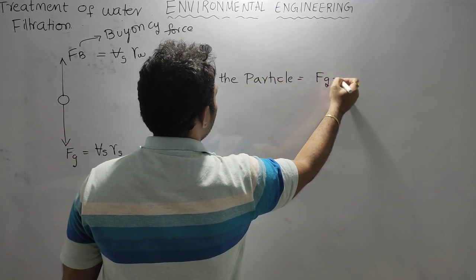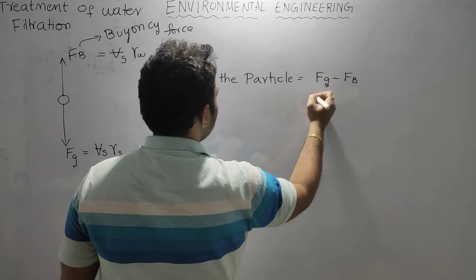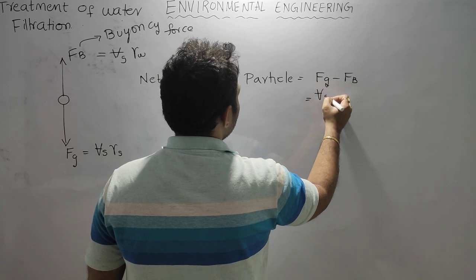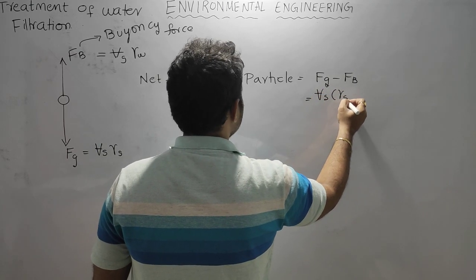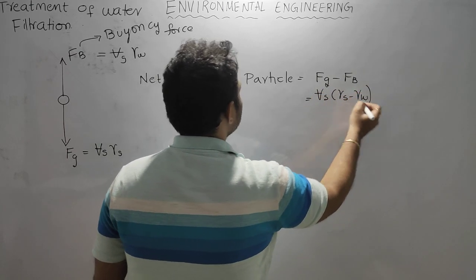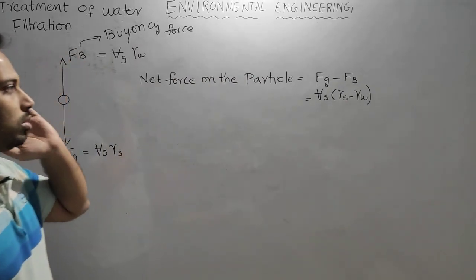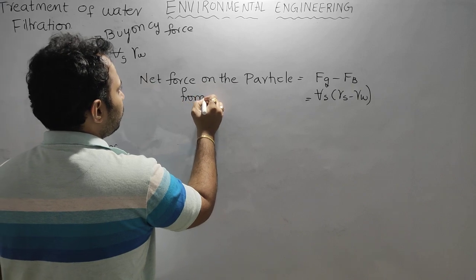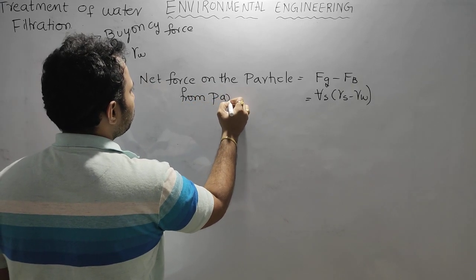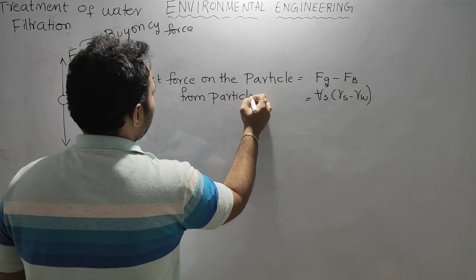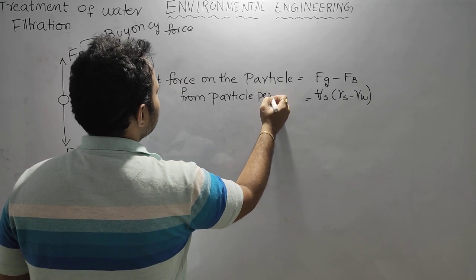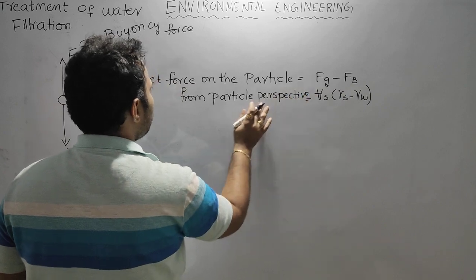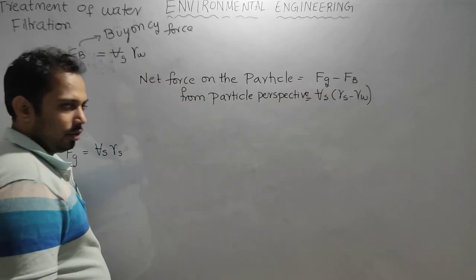Fg minus Fb, which is equal to Vs into (gamma S minus gamma W). So this is the net force on the particle from the particle's perspective.